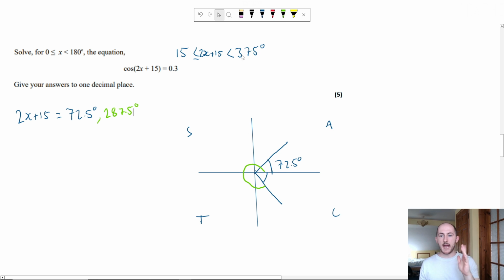Okay. Now, what I'm going to do is find my negative answers. So I'm going to get rid of this line here. Boop. My negative answers are going to be negative 72.5. But before I continue, if I have a look at the range, it's 15 to 375. So in other words, I'm not considering any negative values, right?